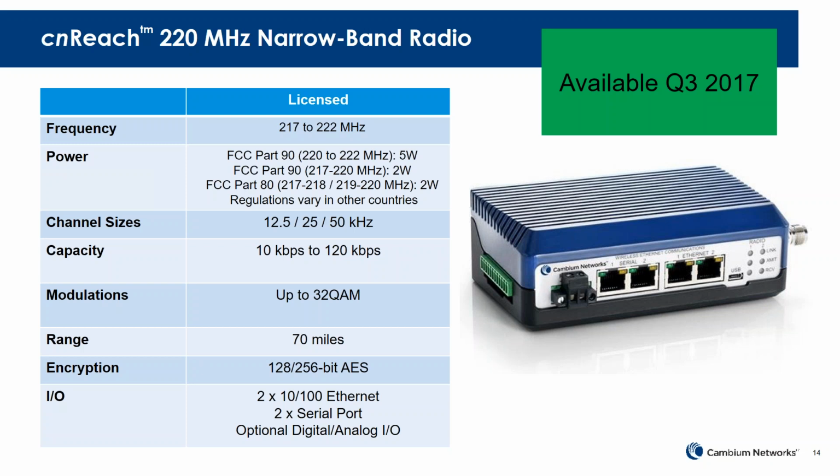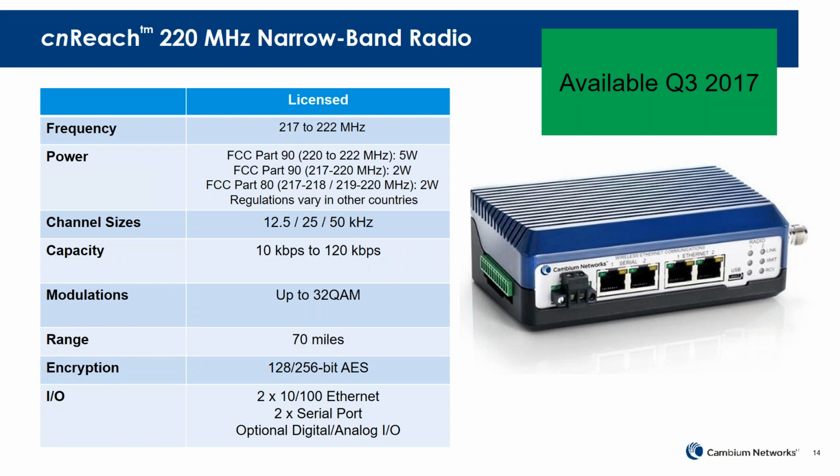We will be announcing the 220 megahertz version of cnReach next month, so you can start to look for information about that. Think of this as just a sneak peek. This will initially be available in the US only, but we certainly are looking to expand that type approval and homologation to other countries that have access to 220 megahertz.